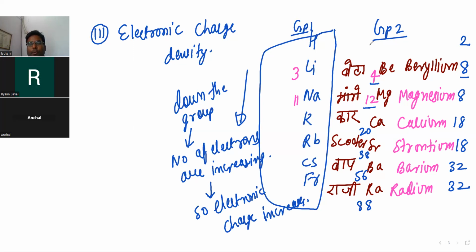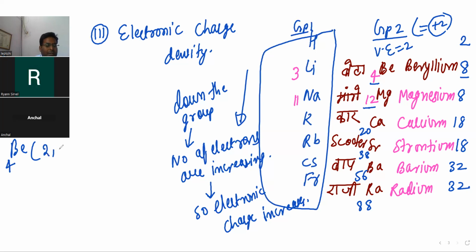And remember this group 2. Group 2 has 2 valence electrons and valency will be plus 2, because they all contain 2 electrons in the last orbit. So they will lose the 2 electrons. You can see here beryllium having 4 electrons. So it will contain 2 electrons in the first and the remaining 2 in the second one.